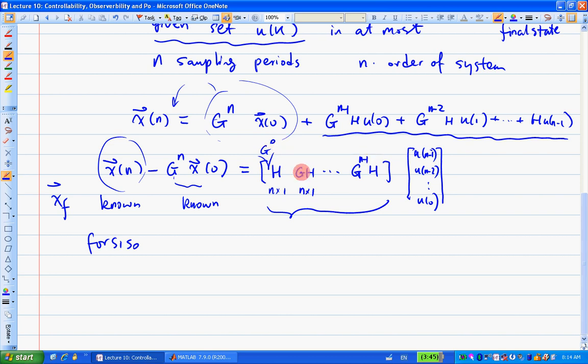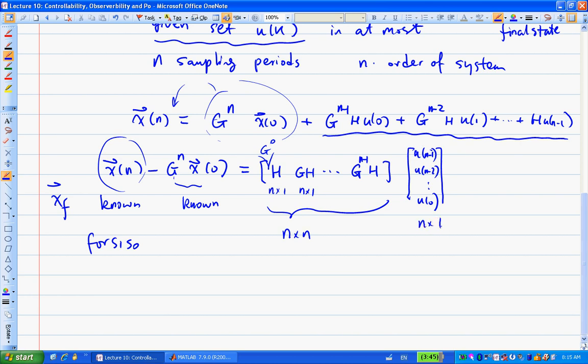So there are n columns, and each column is n by 1. So this is actually an n by n matrix, and it is multiplied by this n by 1 vector here.